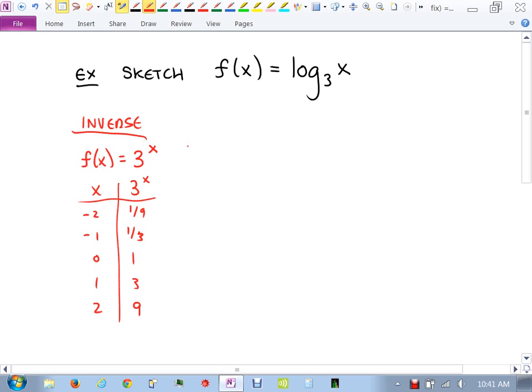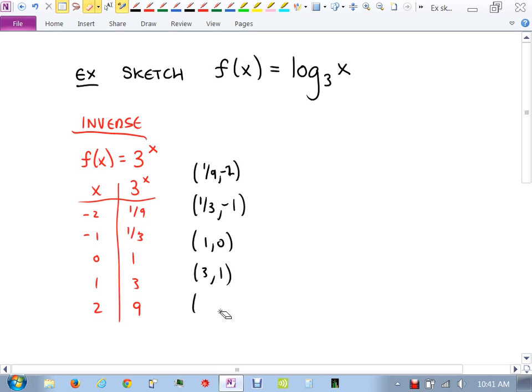So I will plot the points 1/9, -2, 1/3, -1, 1, 0, 3, 1, and 9, 2. Wait, not 2, 9.